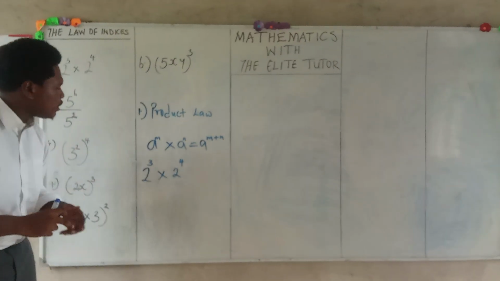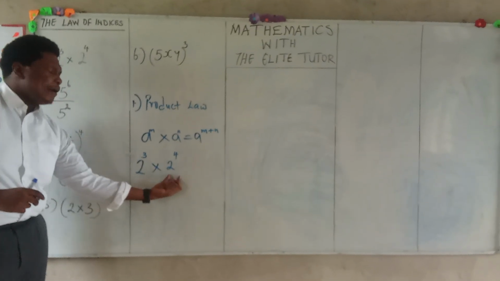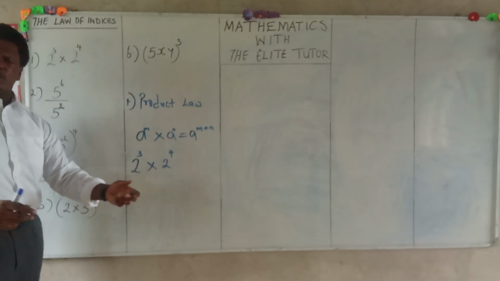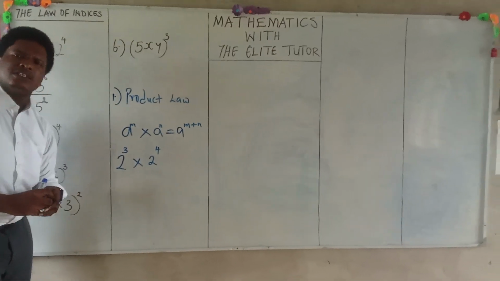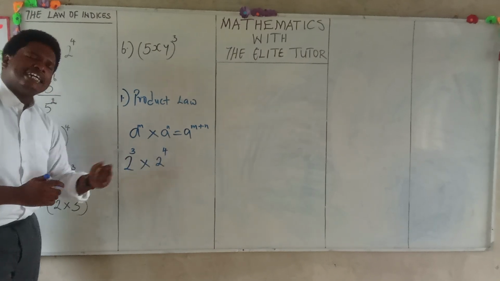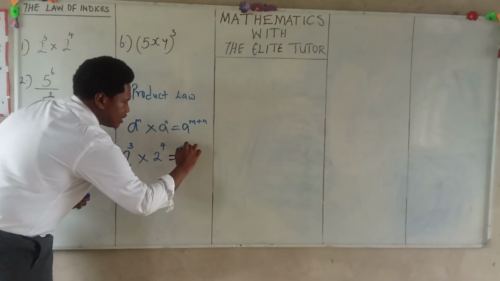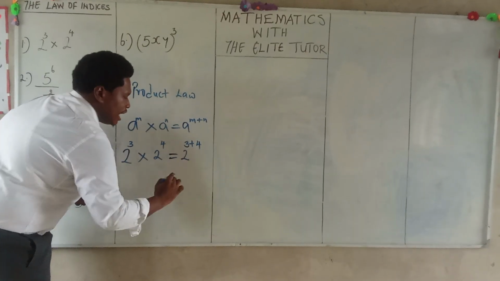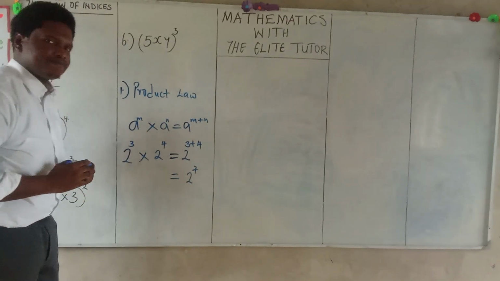The first one is that the bases are the same. The base here is 2, and the base here is 2. Not just because the bases are the same, but because they are also multiplying, we can go ahead to add their powers. So we are going to have 2 raised to power 3 plus 4, and our final answer is 2 raised to power 7.